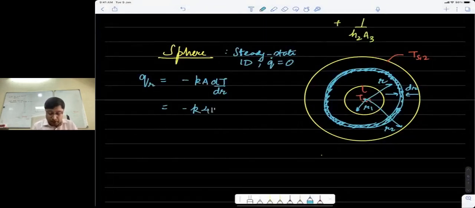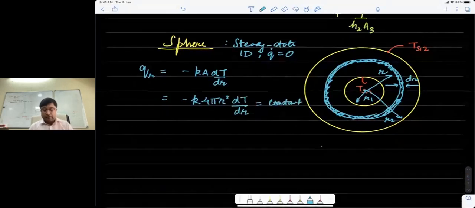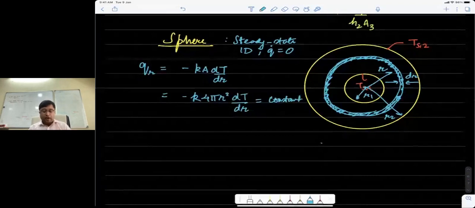That would be 4πr², through which some heat is going out, which is given by the gradient of temperature. From basic analysis, because there is no heat generation, there is no heat accumulation, so this should be a constant, as I did in the case of a cylinder. We reached there that K r dT/dr is a constant. So here we are saying minus K 4πr² dT/dr is a constant.